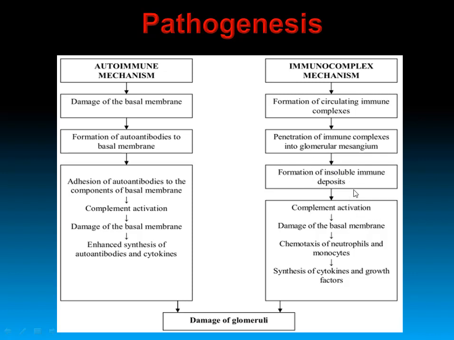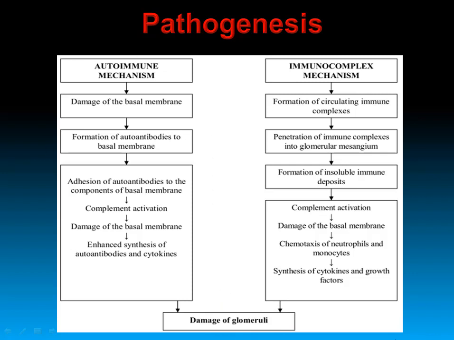Due to accumulation of these immune deposits, the complement system becomes activated, which leads to damage to the basal membrane, liberation of chemoattractants, and that's why chemotaxis of neutrophils and monocytes to the glomerular mesangial space, synthesis of cytokines and growth factors, and as a result, progression of inflammation and damage to glomeruli.